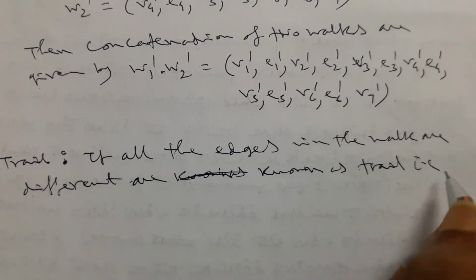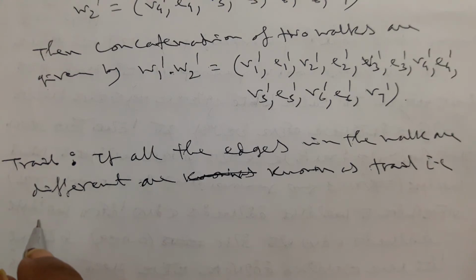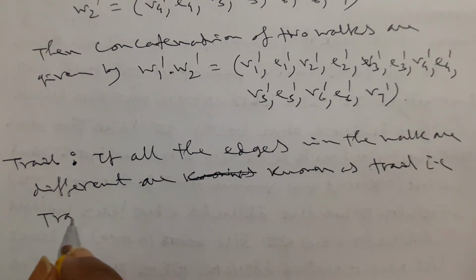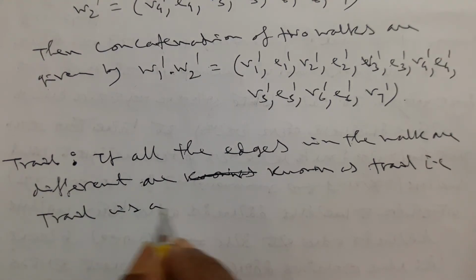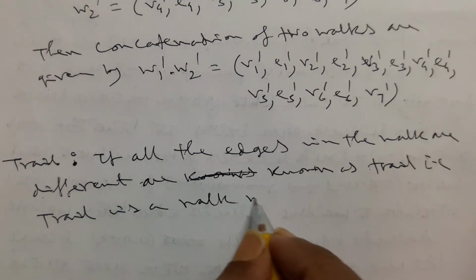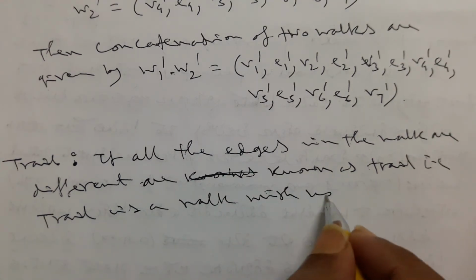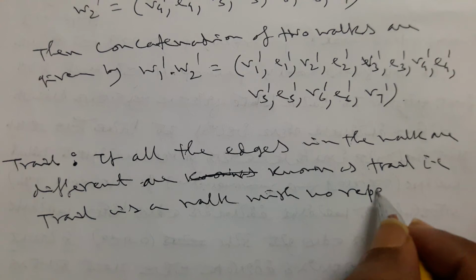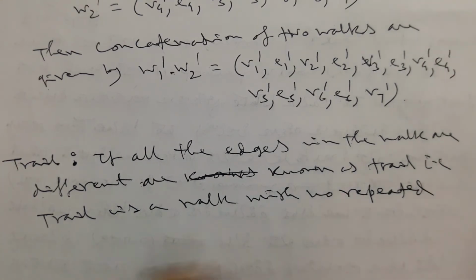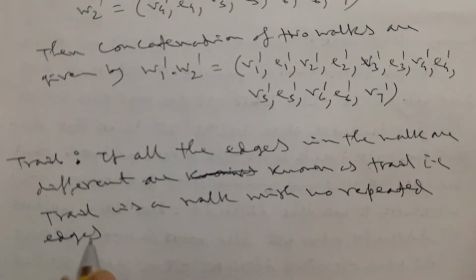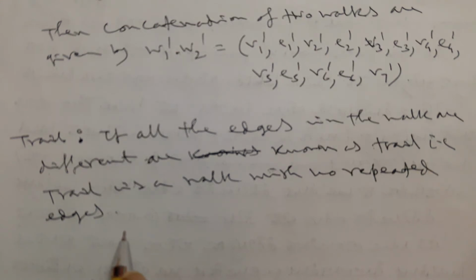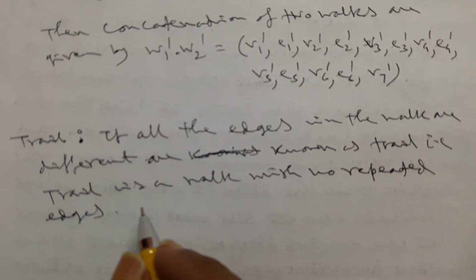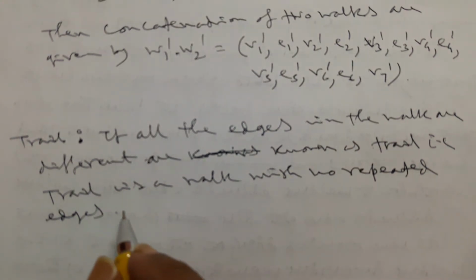That is, a trail is a walk with no repeated edge. And a trail is closed if the starting and terminal vertices of the trail coincide. Then we call the trail closed.